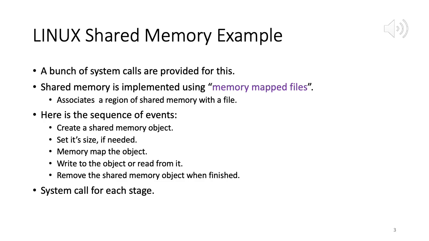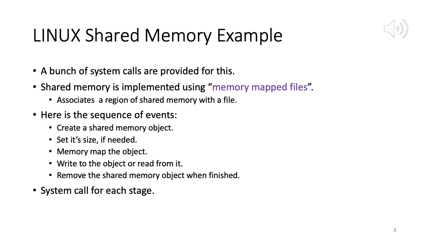As we discussed earlier, the services that the OS provides with respect to shared memory come as a bunch of system calls. At the programmer level, this is equivalent to calling relevant functions, each function then mapping to a system call.